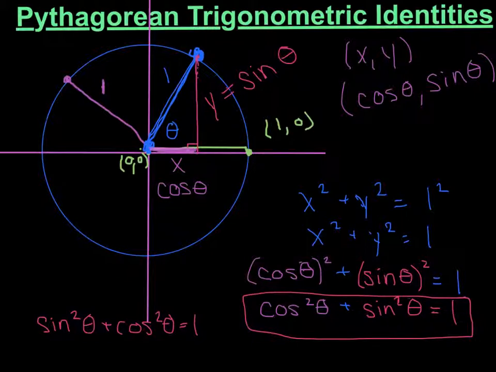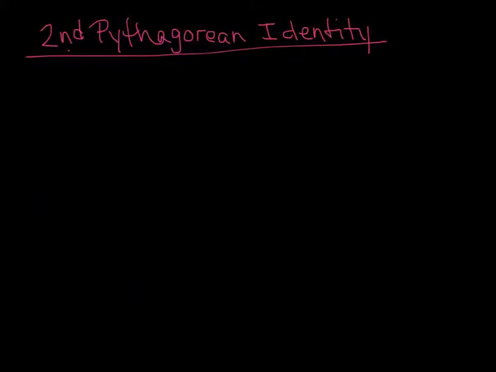So now we'll do another one. I'm going to get my second Pythagorean identity using my first Pythagorean identity. So my first one is sine squared theta plus cosine squared theta equals 1. I want to change this identity into something different, another identity. So I know sine divided by cosine is tangent.